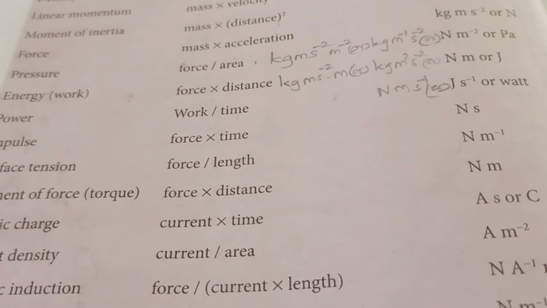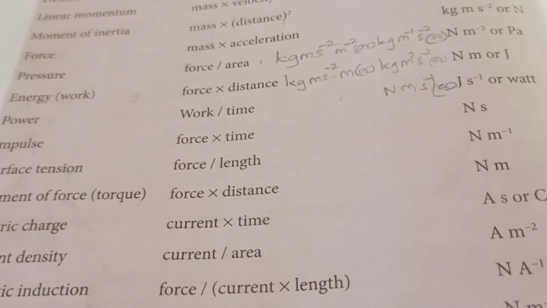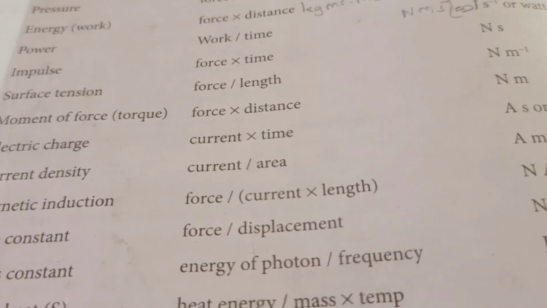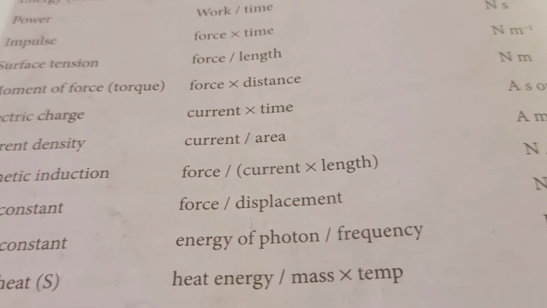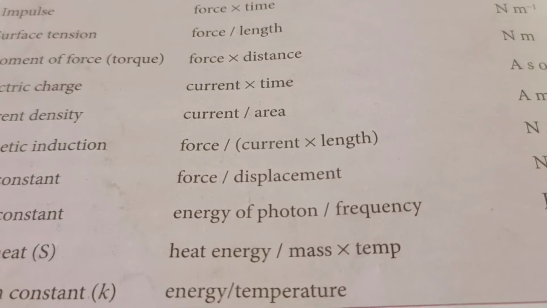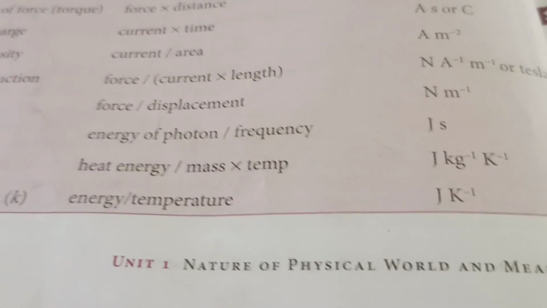Current density: current by area, ampere meter power minus 2. Magnetic induction: force by current into length, Newton ampere power minus 1 meter power minus 1, or Tesla.